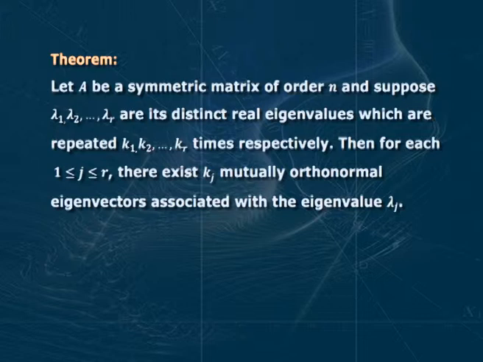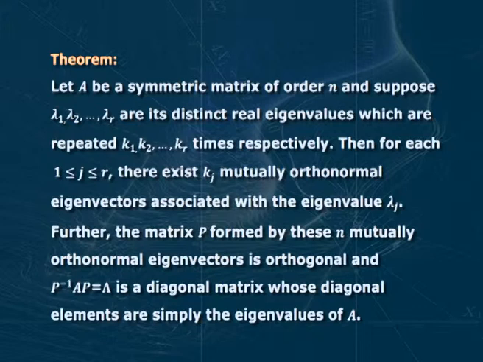Then for each j which is greater than or equal to 1 and less than or equal to r, there exist kj mutually orthonormal eigenvectors associated with the eigenvalue lambda j.